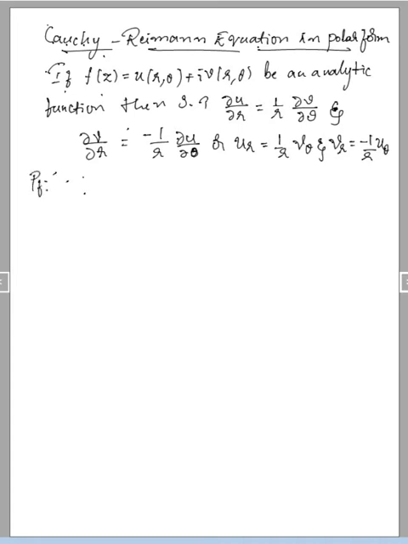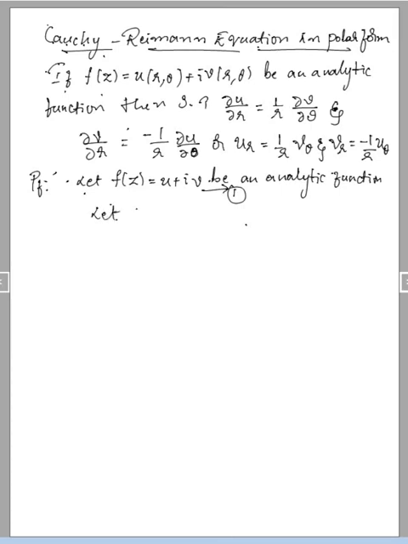So let f of z equal to u plus iv be an analytic function, and I will name this as equation 1. And also let us define z.